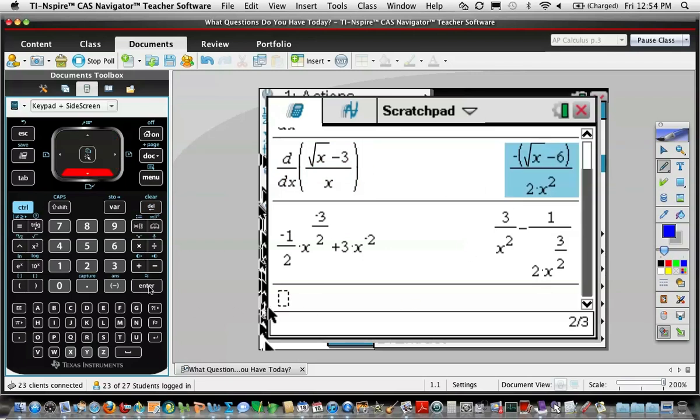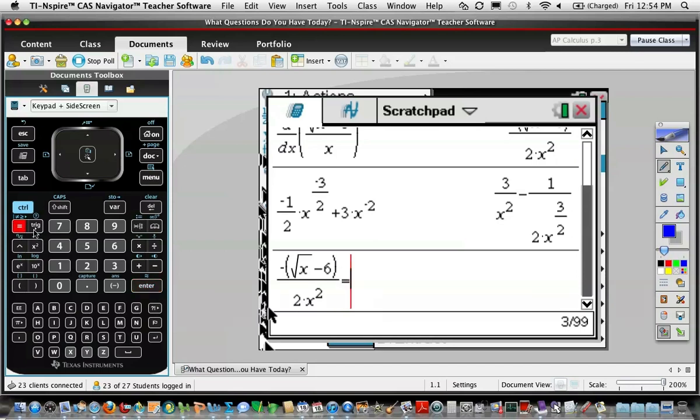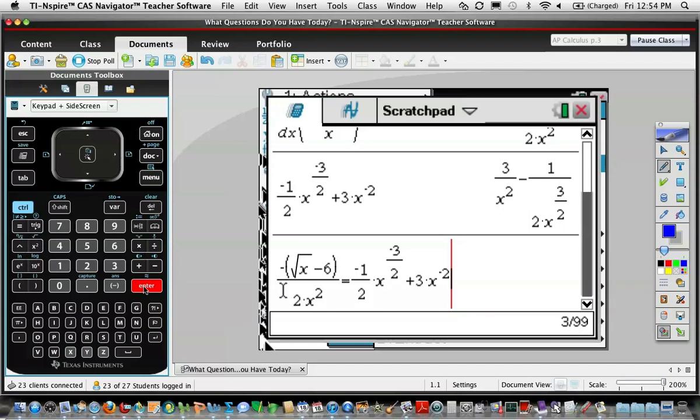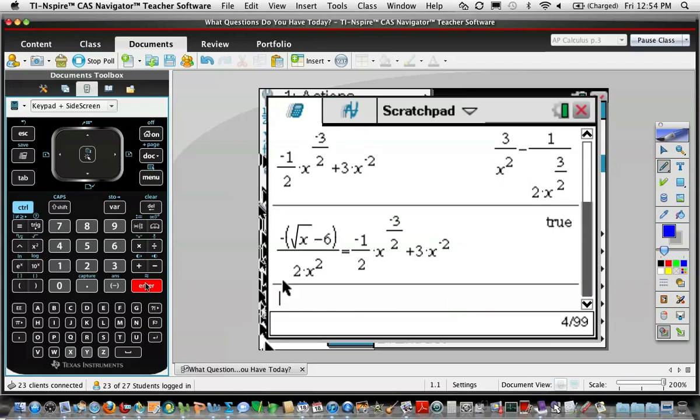I'm going to grab the calculator's answer, hit enter, then hit the equal sign, and then go up and grab what I had typed in, and hit enter. If it says true, then you know you got it. If it says false, you know they're not the same. So that's a pretty good way to tell. Use the equals.